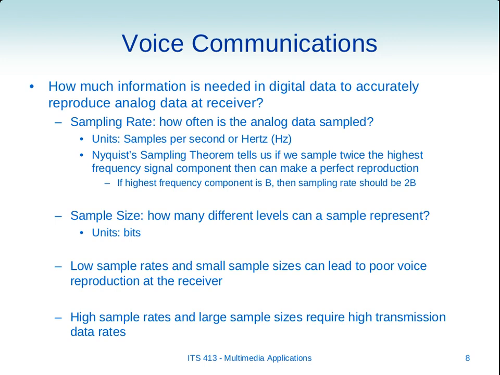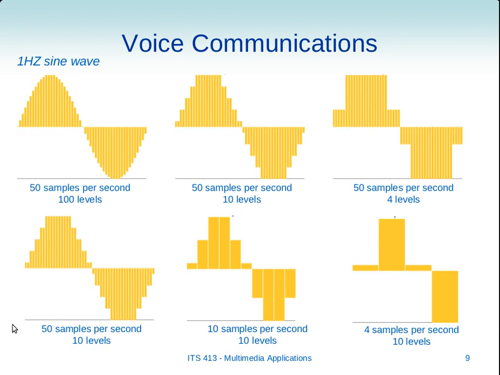Low sample rates and small sample sizes can lead to poor voice reproduction at the receiver, and the opposite, if they are high, better reproduction at the receiver, better quality, but more bits to send across the network. And this tries to summarize some of those points, or give a simple example comparing quality against quantity.